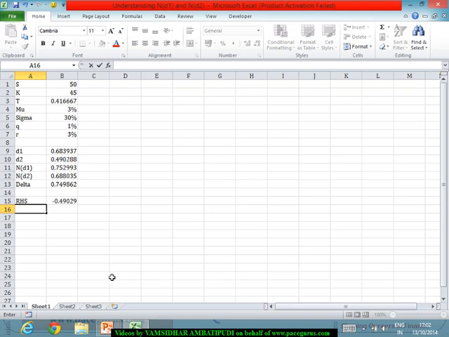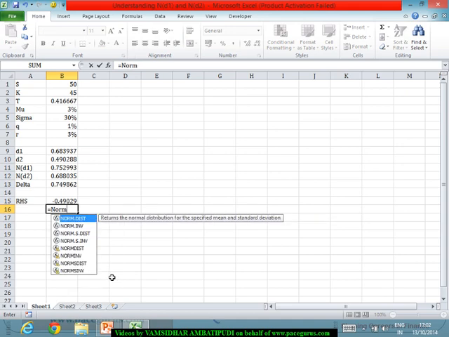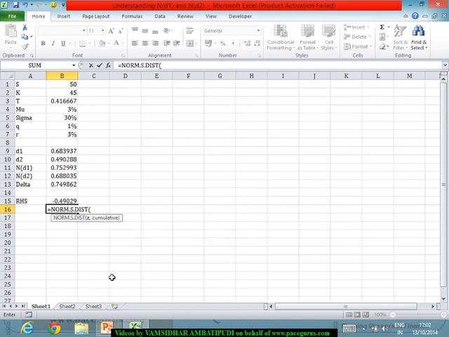If I want the probability of Z less than 0.49, I can take the NORM.S.DIST of this particular value, with argument 1. So overall it tells me the probability of Z less than or equal to this value. So that's where I'm taking it as 0.688.